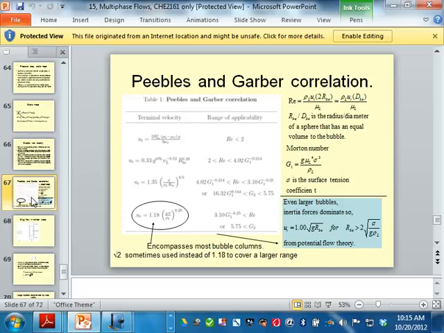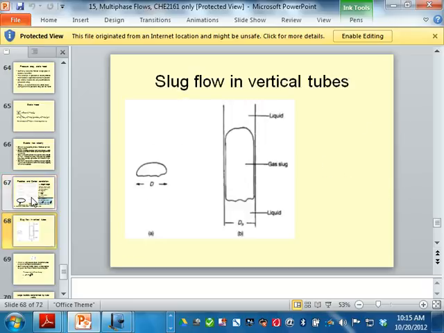The next part, this last section, is something I haven't gone through yet in the flow classification, but it is called slug flow. Just now was a bubble in a very big tank. In slug flow, the bubble is constrained in a tube or pipe, a continuous big chunk called a slug.